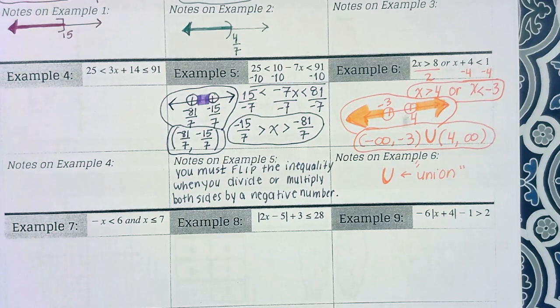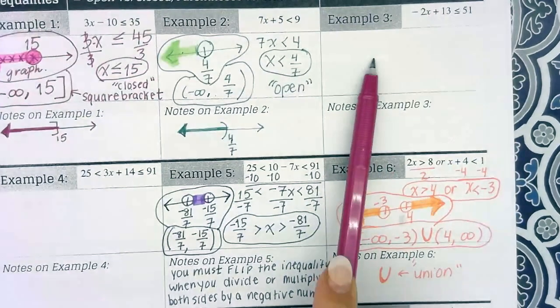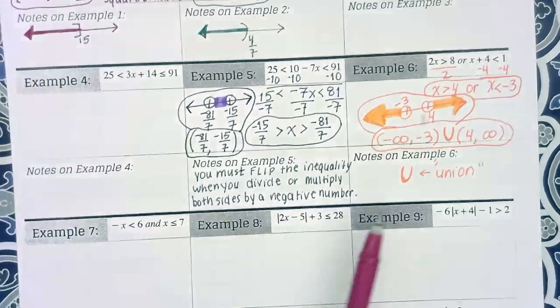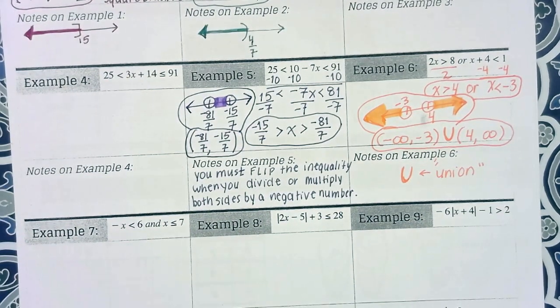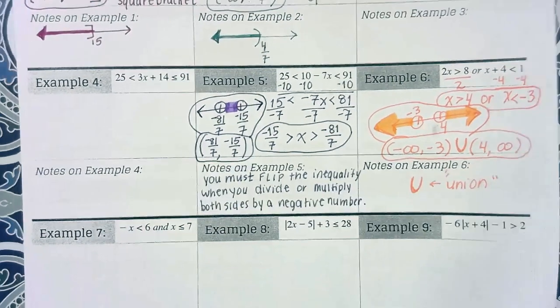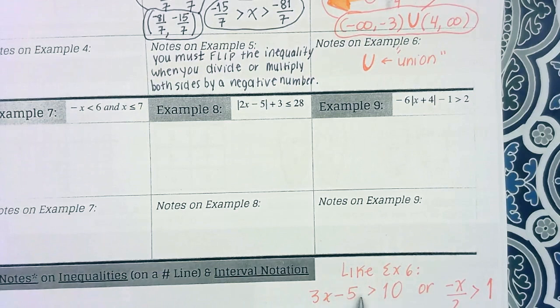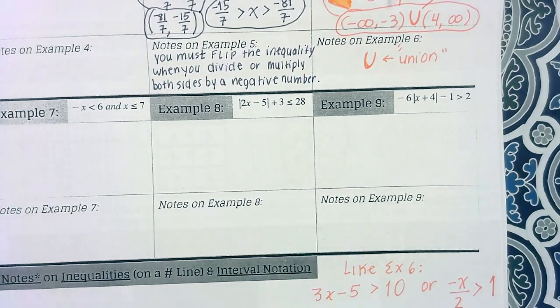Hopefully that helps. So again, I want you guys to work on example 3, example 4, example 7, and this one down on the bottom, which is like example 6, okay?